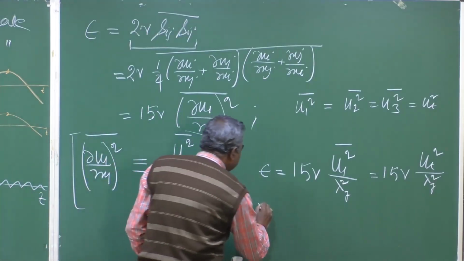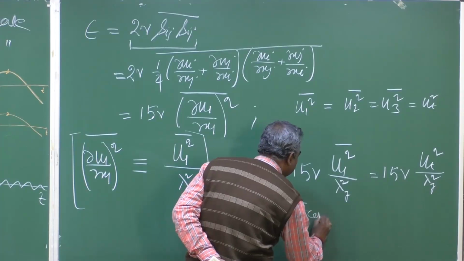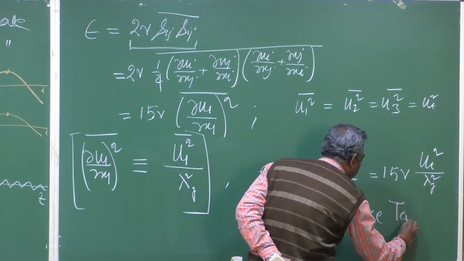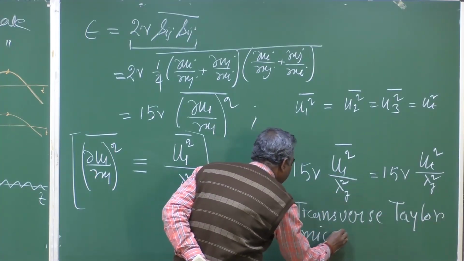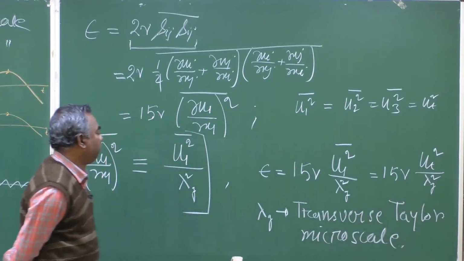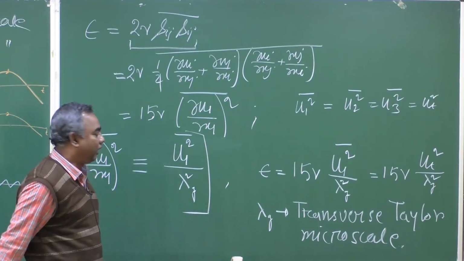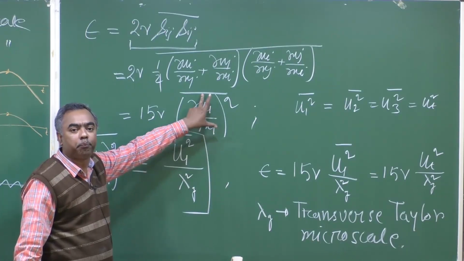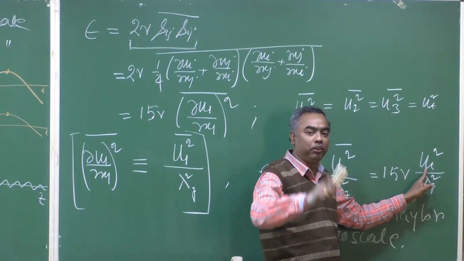Here, lambda g is the Taylor microscale, okay. It is known as the transverse Taylor microscale. Okay. So, our idea is that we are trying to estimate the value of this term considering a velocity scale equivalent to the turbulent velocity scale.